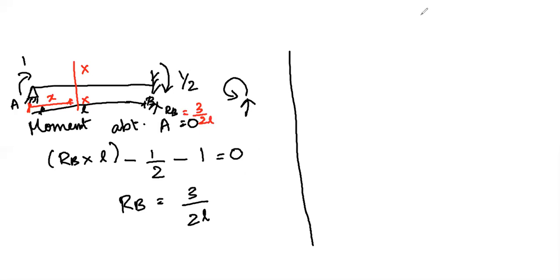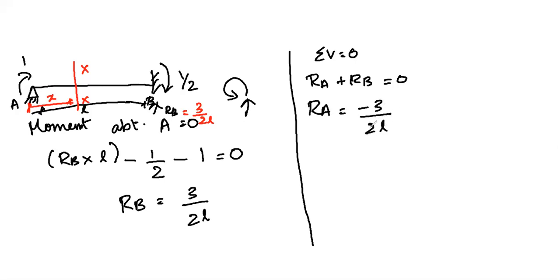It's simple to find. The sum of the vertical forces will be equal to 0. Here the vertical forces are only the reactions RA and RB, so RA plus RB equals 0. There is no other vertical force acting on the beam. Since you know the value of RB, you can find RA. RA will be equal to minus 3 by 2L, which means RA is acting in the downward direction.